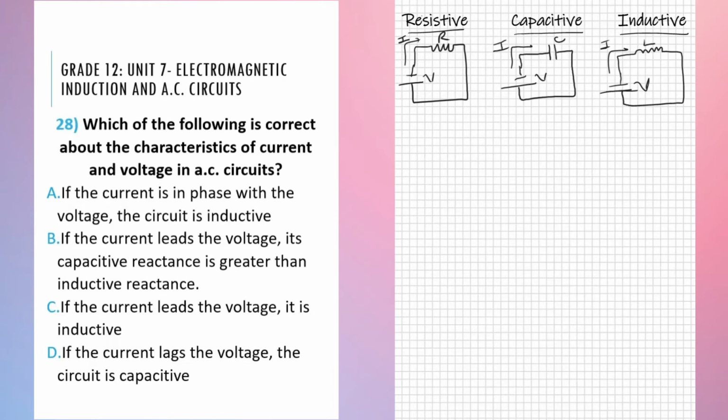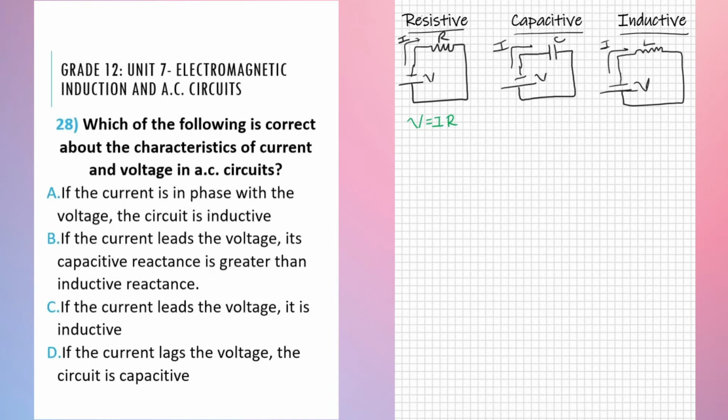Now, we have to be able to analyze these three circuits individually because they have different characteristics when they are reacting to a voltage. If you go to the first situation, a resistor, the simple formula that relates the voltage, the current, and the resistor is the voltage is equal to the current multiplied by the resistance. This is known as Ohm's law.